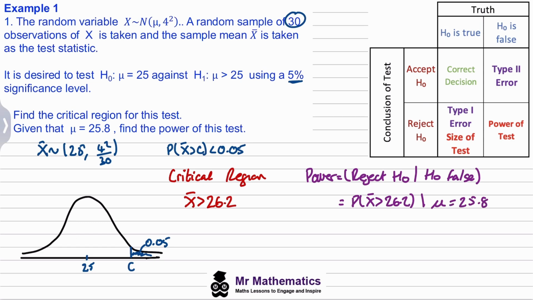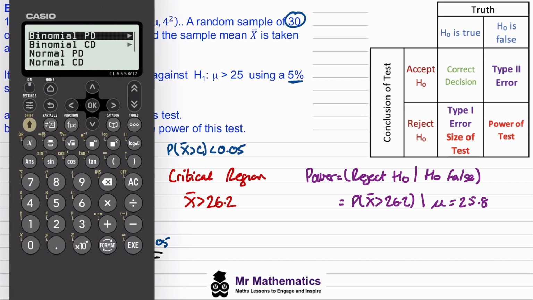We can work this out on our calculators. If we go to normal CD, we want the lower to be 26.2, the upper to be 3 standard deviations or more above the mean, and the mean we're now told is 25.8. The standard deviation is the same.